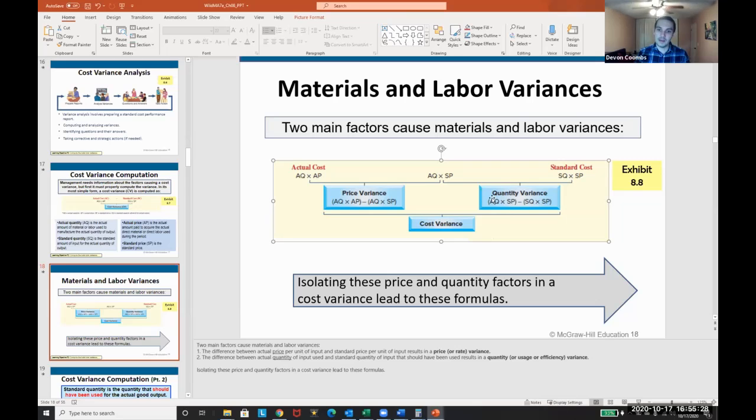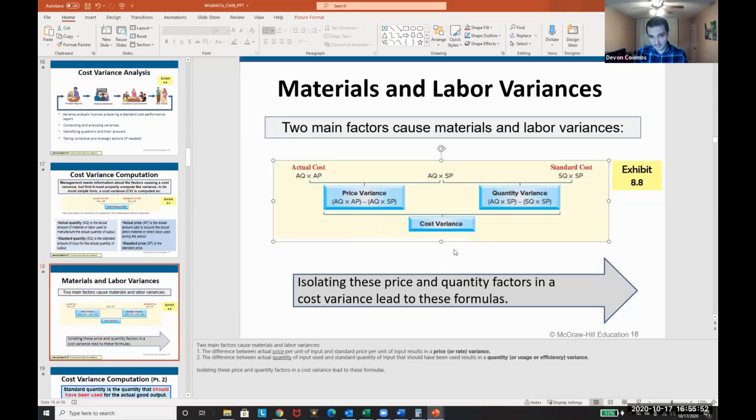And then what is the standard price, or what would we expect to pay for the amount of units we actually did use, not what we expected to use. So this is estimating based off of our estimated quantity, and this is estimating based off of our estimated price, but actual quantity.